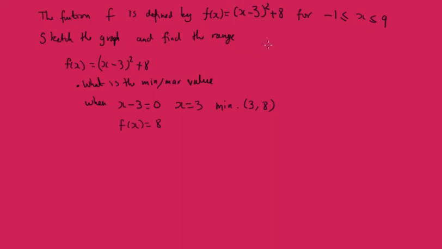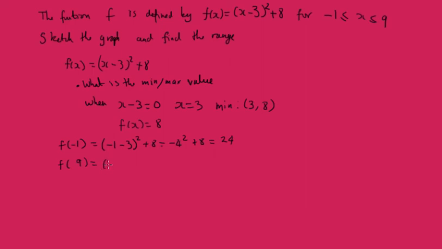Now again, we're going to look at the domain, the minimum and maximum values of the function within this domain. So let's look at f of minus 1. Minus 1 minus 3 squared plus 8 is going to be minus 4 squared plus 8, which is 16 plus 8, which will be 24. And then we've got f of 9.